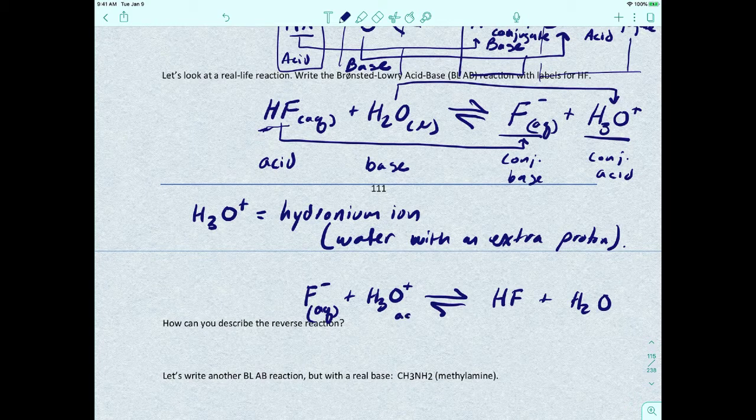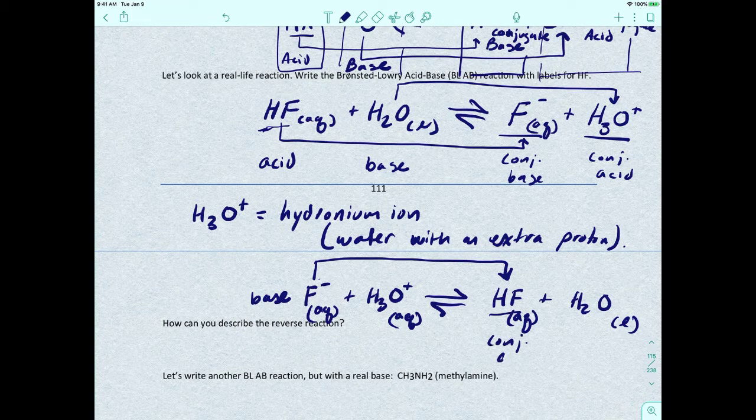Perhaps you can see this a little clearer, that F minus is going to pick up the hydrogen from H3O plus to form HF. So in this case, F minus is going to be your base, and HF would be your conjugate acid. H3O plus, since it's giving off the hydrogen, is going to be your acid, and then H2O is going to be your conjugate base.